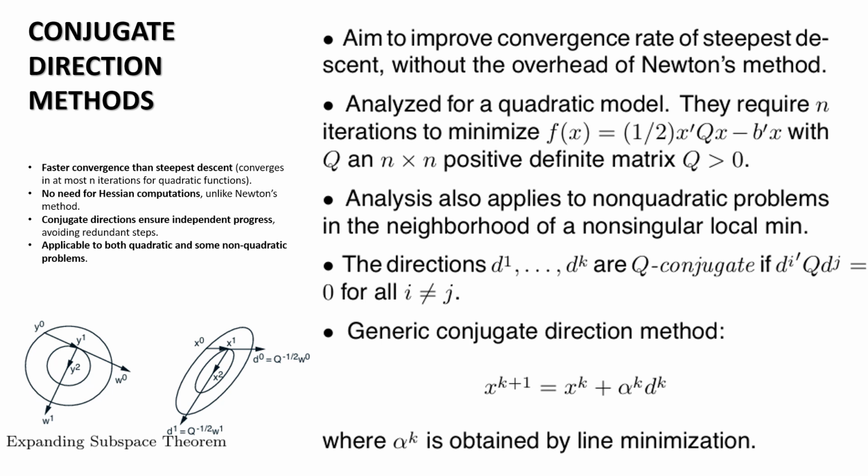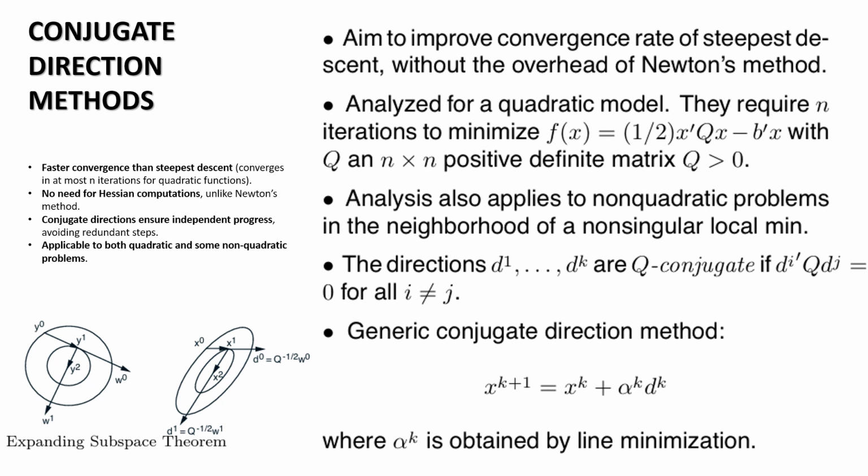methods. The method guarantees that only n iterations are needed to minimize the function if we use conjugate directions instead of arbitrary descent directions. A set of directions, I mean d1 and so on dk, for all i not equal to j, are mutually independent in the transformed space defined by Q. So they would be Q-conjugate.